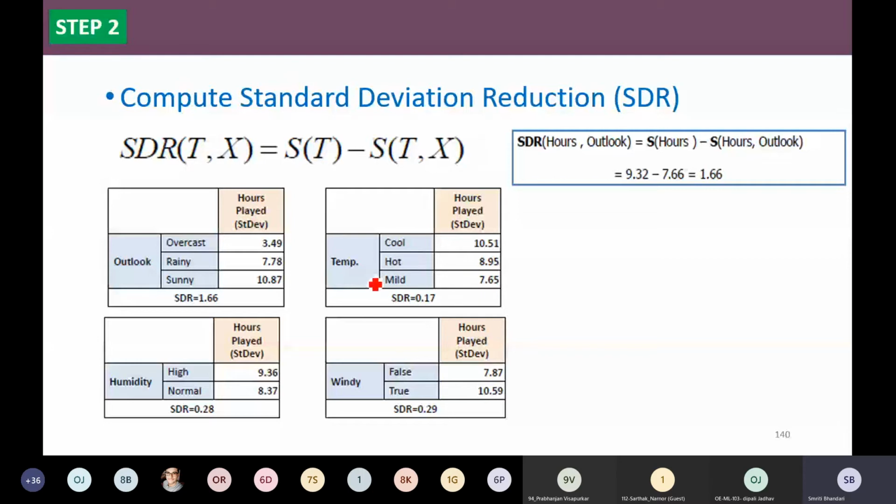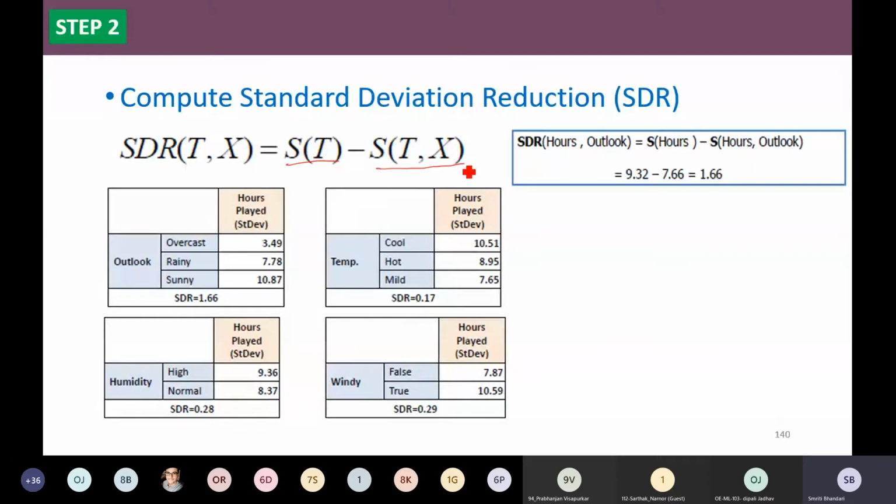So once we have all those standard deviations available for all the different values of the attributes, in the next sub-step we are going to compute the standard deviation reduction, SDR. The formula to compute this SDR is SDR(T, X) equal to S(T) minus S(T, X). S(T) we computed earlier in step number 1.